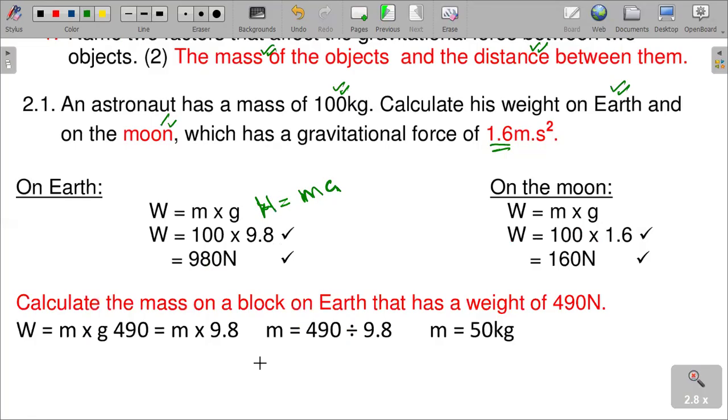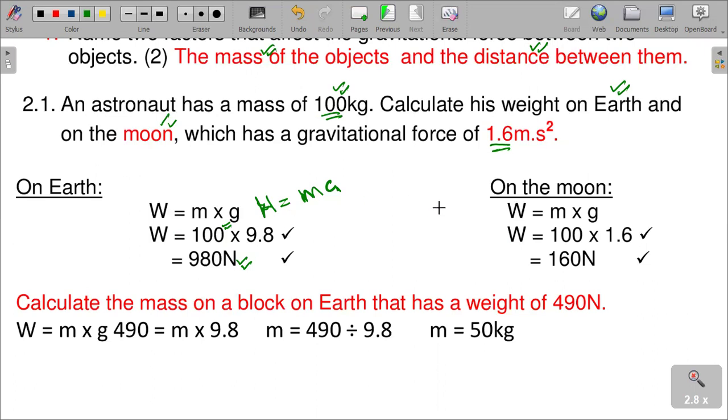So when we do that, our weight W is given as 100 kgs on Earth multiplied by 9.8, which we have given up there, which would give us 980 newtons. The 100 kgs is given here, and the 9.8 gravitational force is also given in the question above.